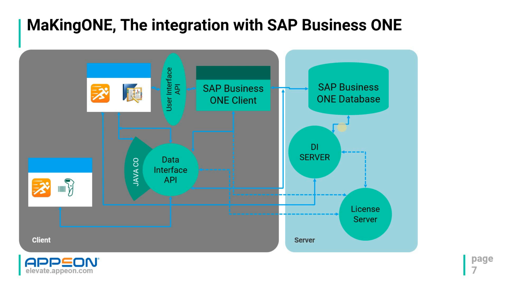In order to build an add-on deeply integrated in the SAP Business One client, we have to use both the user interface API and the data interface API. On other applications, for example warehouse management and data collection, we just connect to SAP Business One using the data interface API.